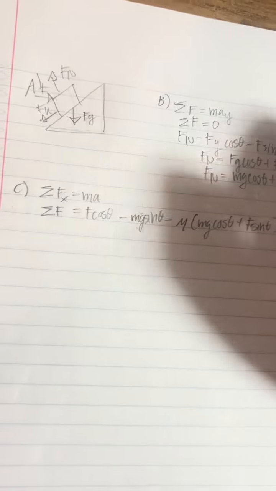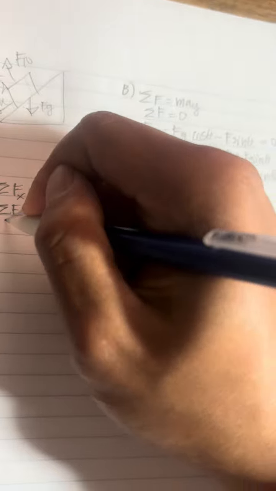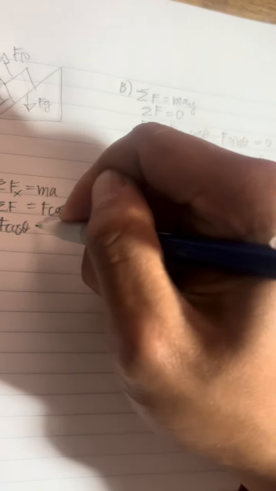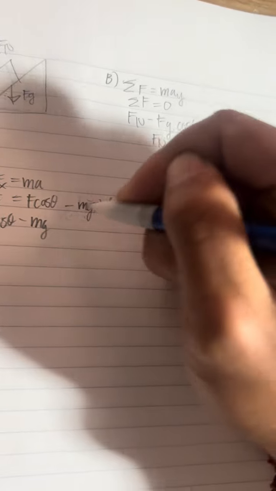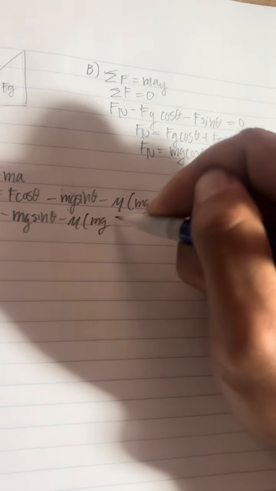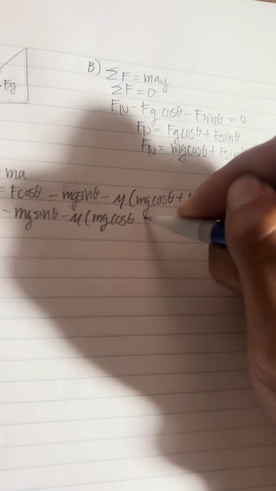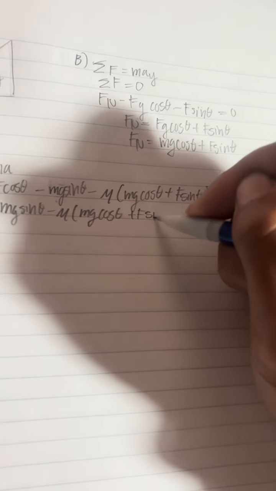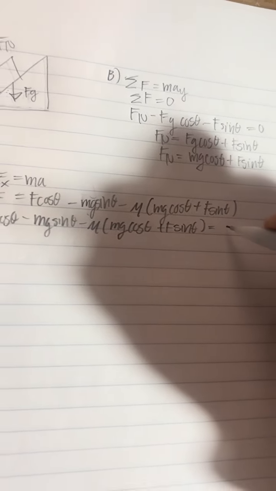So with these two statements together, I can write the equation of F cosine theta minus mg sine theta minus mu mg cosine theta plus F sine theta equals ma.